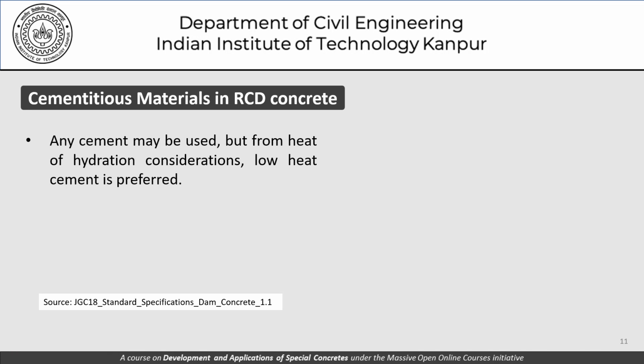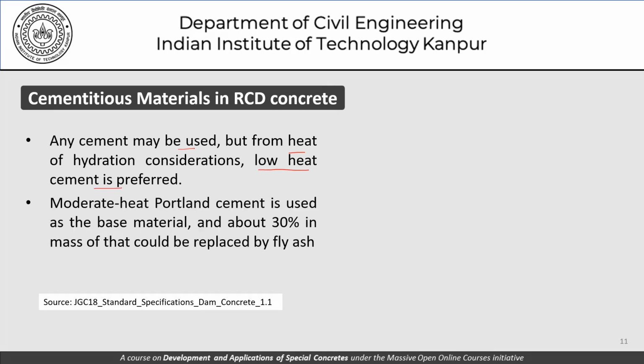As far as cementitious materials in RCD, that is roller compacted dam concrete, are concerned, we could use any type of cement that we want, but from a heat of hydration consideration, as we've seen before, low heat of hydration cement is preferred. Moderate heat Portland cement is used as the base material, and it could be replaced to the extent of about 30% by fly ash.